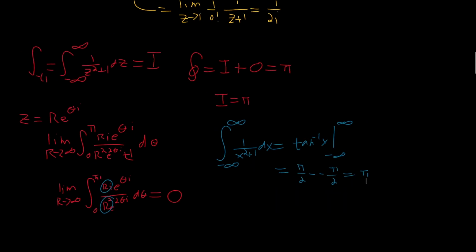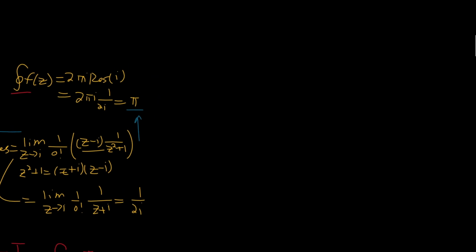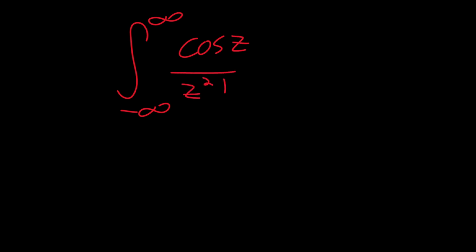Now, before the end of this, I would like to do one more integral, namely this right here. This is one of my favorites, or at least a favorite for introduction pieces. The integral from negative infinity to infinity of cosine of z over z squared plus 1 dz.